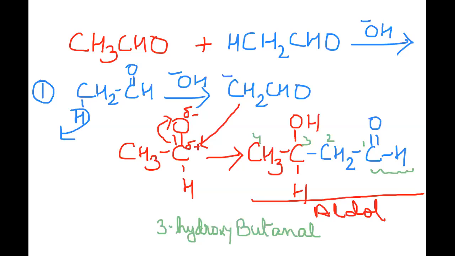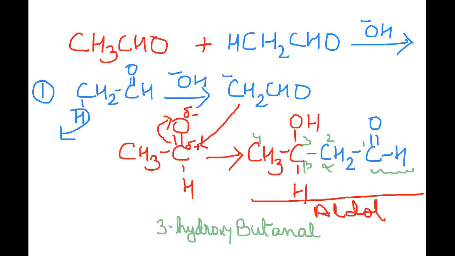The reason being that when you assign alpha beta values, the carbon next to the main functional group is going to be the alpha carbon and this is the beta carbon.